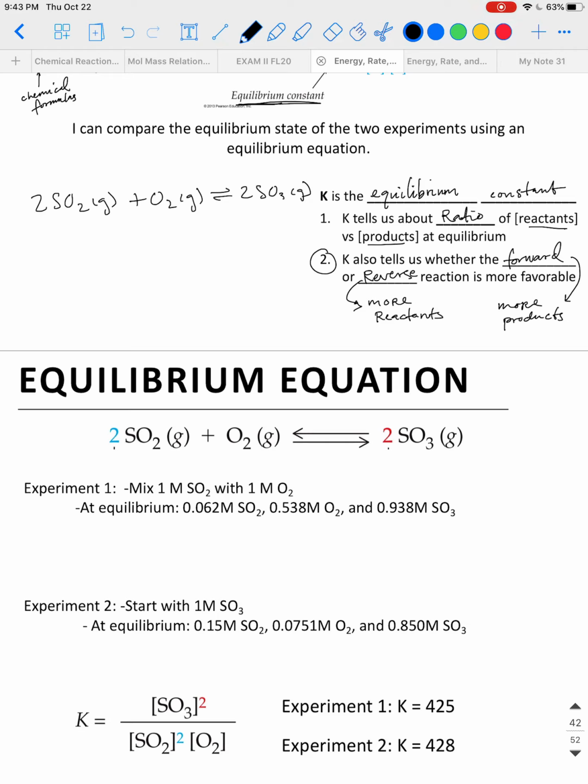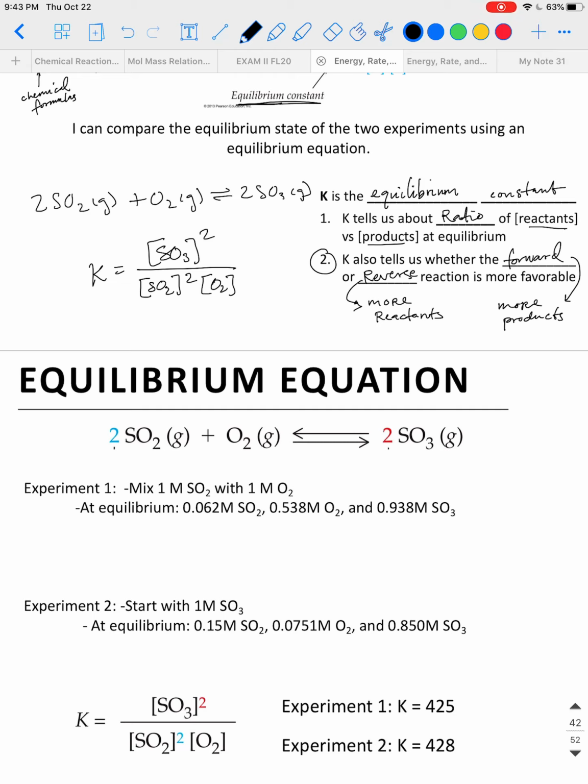If we were to write the expression K for this, K equals the concentration at equilibrium of SO3 raised to the second power, because that's its coefficient. On the bottom, we have the equilibrium concentration of SO2, one reactant, squared, because that's its coefficient, times the equilibrium concentration of oxygen. The coefficient there is 1, so we don't raise it to a power. So that's an example.